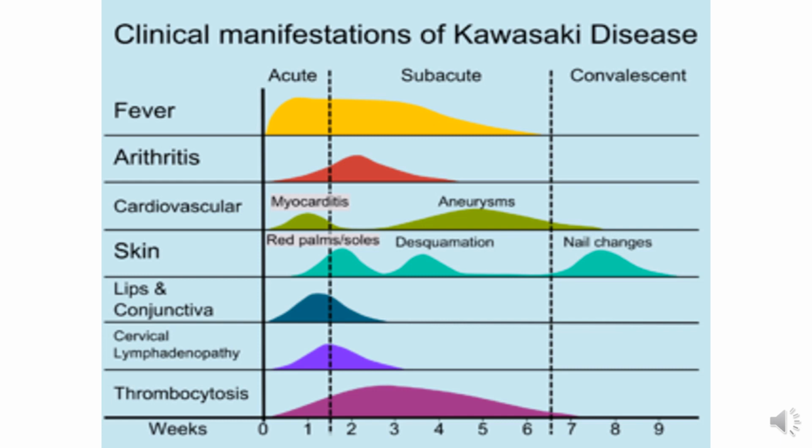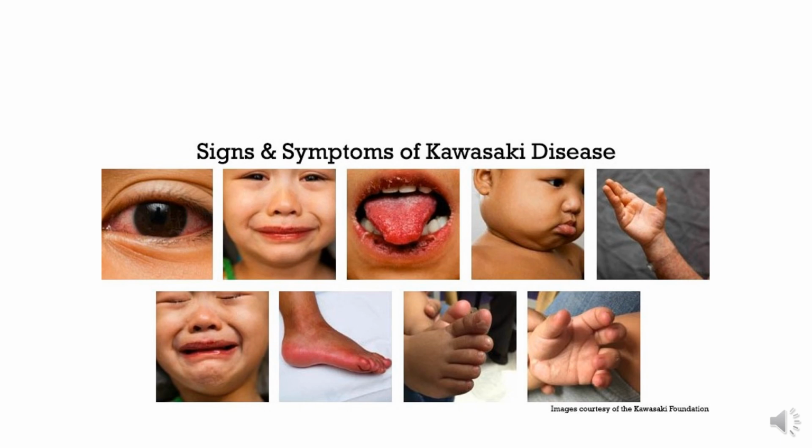Diagnosis is based upon evidence of systemic inflammation, fever, in association with signs of mucocutaneous inflammation: the characteristic bilateral non-exudative conjunctivitis, erythema of the lips and oral mucosa, rash, extremity changes, cervical lymphadenopathy, which typically develop after a brief non-specific prodrome of respiratory or gastrointestinal symptoms.